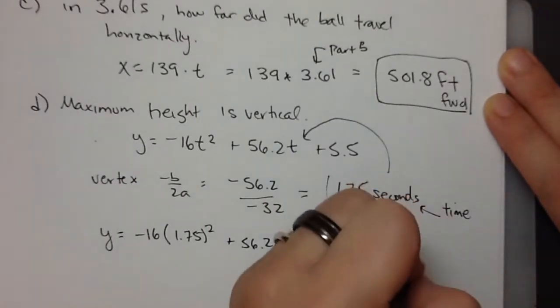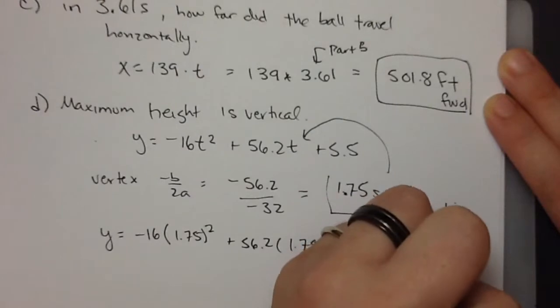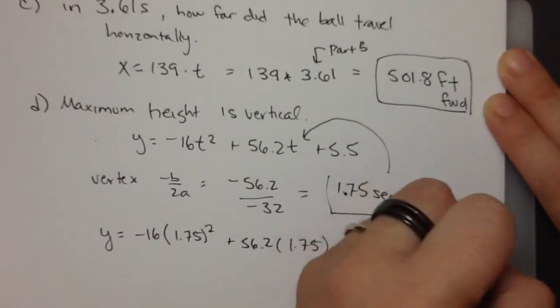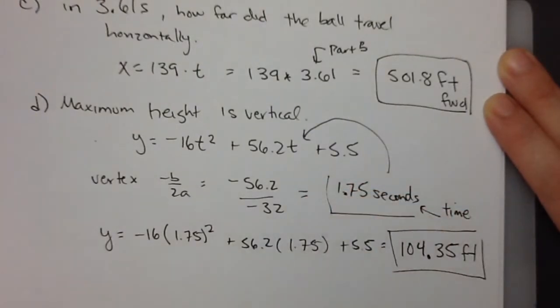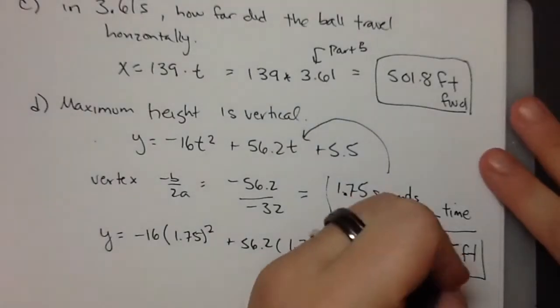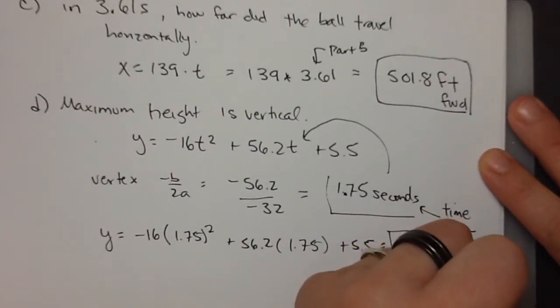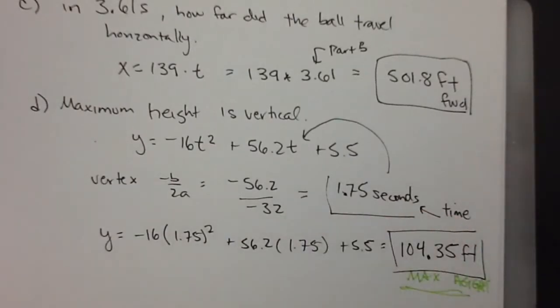And that tells us that our maximum elevation is 104.35 feet. So this is our max height.